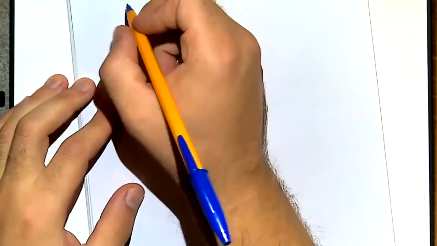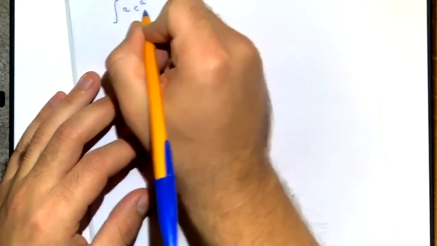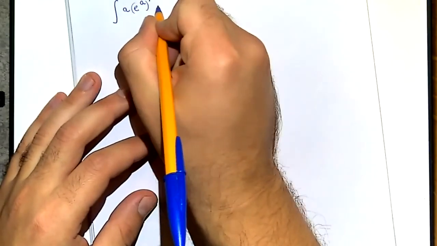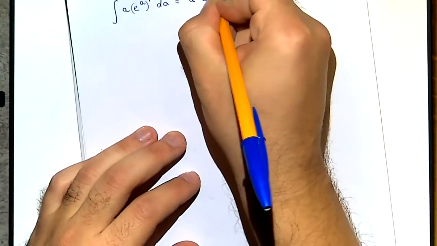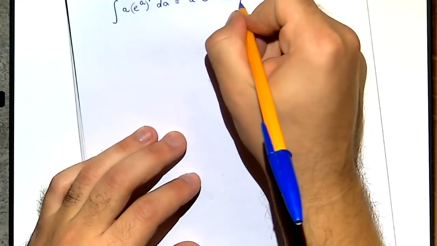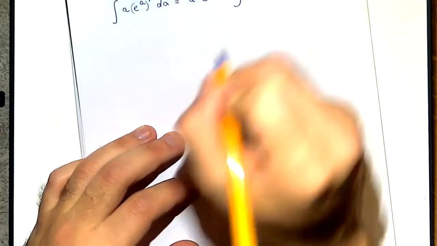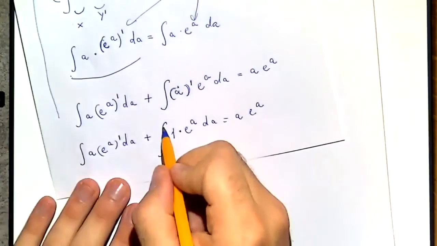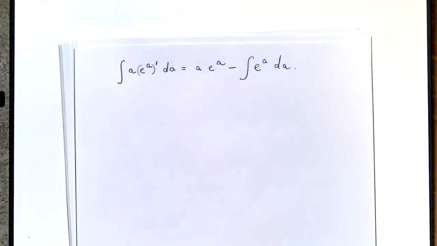So my integral of a (e^a)' da is just equal to a e^a minus the integral of e^a da. Basically, same thing you had here, I just moved this to the other side with a minus. And you get this thing.